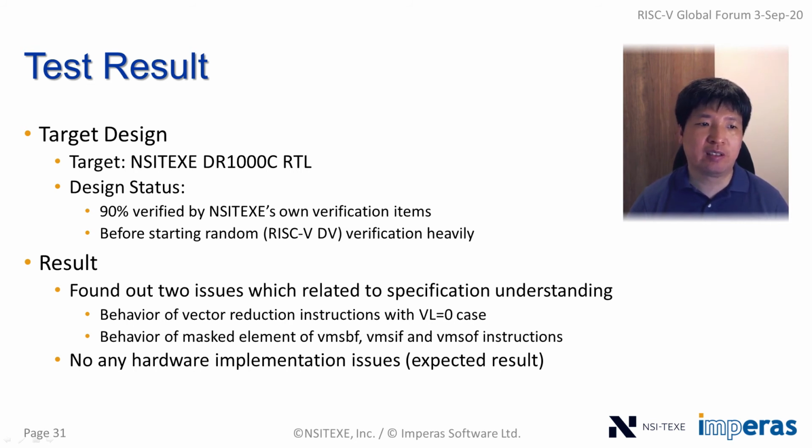We did not detect any hardware implementation issues, but this is the expected result. For hardware implementation issues, we should use other methods, RISC-V DV or directed tests or other static tests.